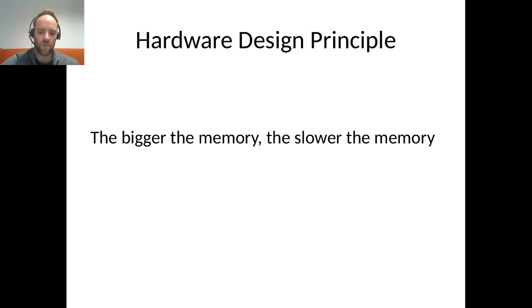So we have a memory hierarchy, which provides us with the illusion that we have nearly infinite and nearly very fast memory. But the cache and memory hierarchies have to work very, very well in order for this illusion to be kind of true.